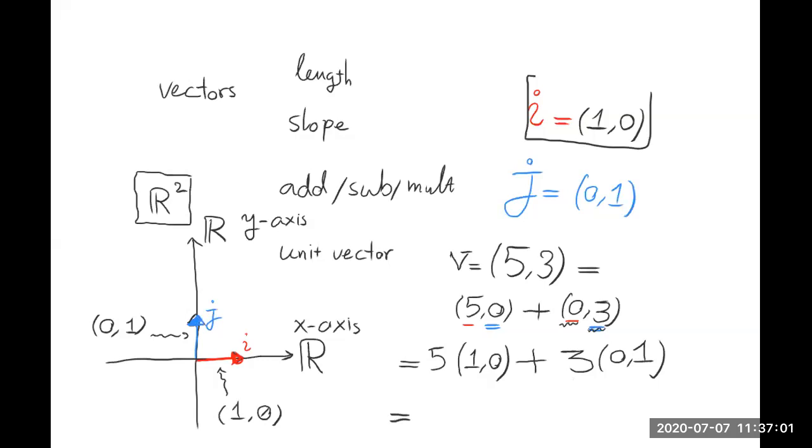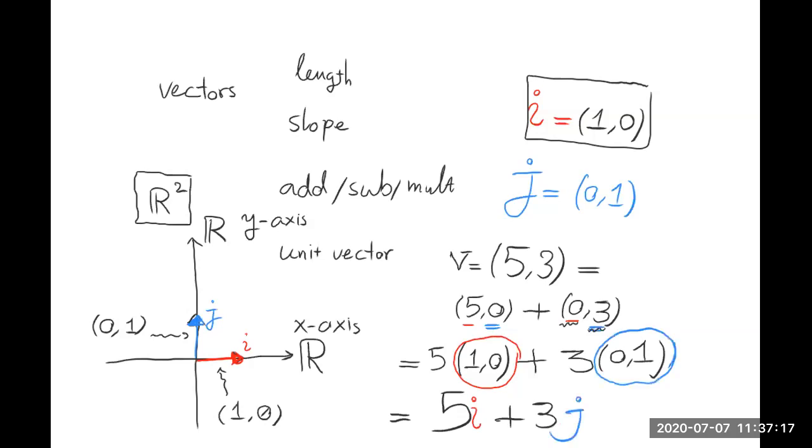I show the vector 1 and 0 with I. So rather than 1 and 0, I can write I. So I would get 5 times I plus 3 times, well, rather than 0 and 1, I can write J. 3 times J. Well, to sum up, 5 and 3 is equal to 5 times I plus 3 times J.